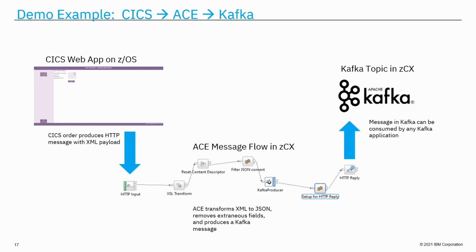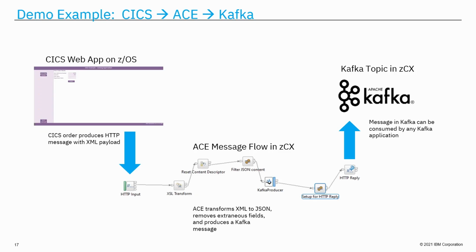So in this example, I have a CICS web app that's running on zOS, and this CICS order is going to produce an HTTP message with an XML payload, which we want to deliver into Kafka in JSON format. And so we want to use ACE to transform this data from XML into JSON, to remove extraneous fields that the Kafka consumer doesn't care about, that CICS is putting in the XML, and then to produce a Kafka message.